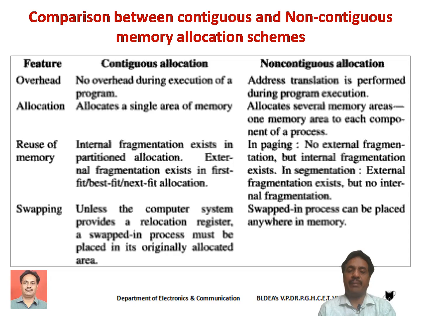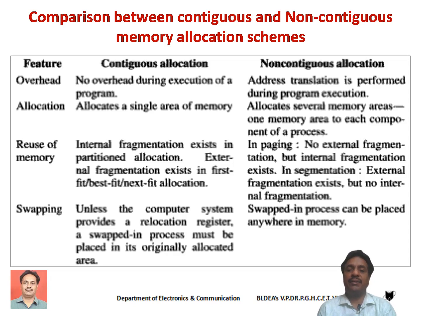With respect to swapping, in the contiguous allocation scheme, the swapped in process needs to be stored in its original location if you don't have a relocation register.